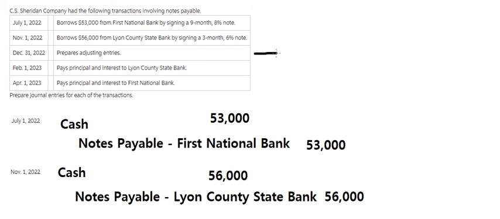So the interest for the First National Bank should be 53,000. We multiply by 8%. However, that is for a year. Now we need to convert into months.